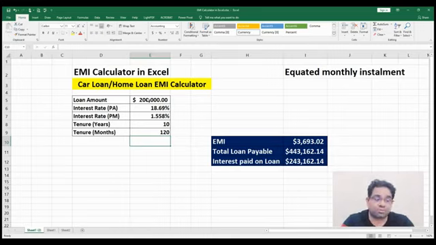Every month you have to pay $3,693, the total loan is $443,162.14, and the interest paid on the loan is $243,162.14. You can see if you take the loan for a longer period, your interest is higher than what you have taken.